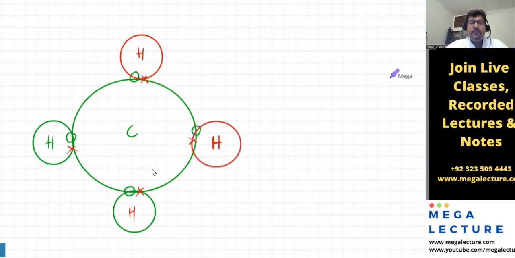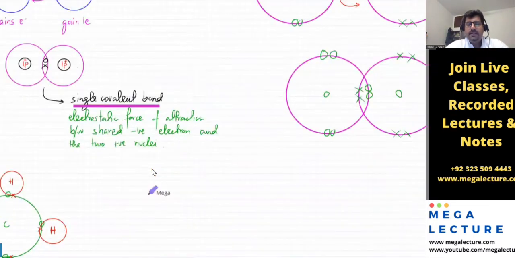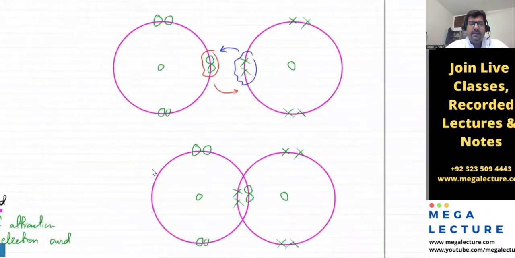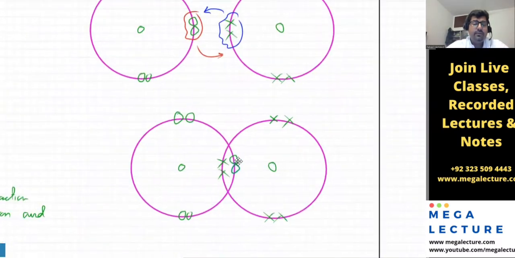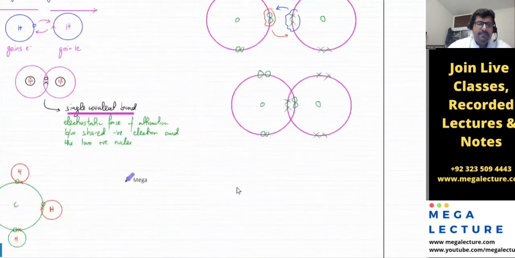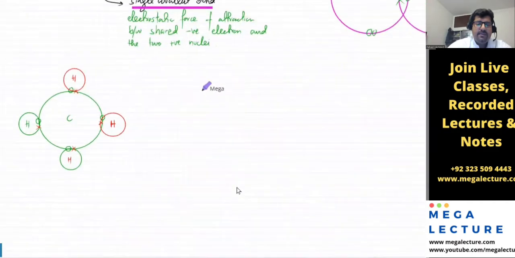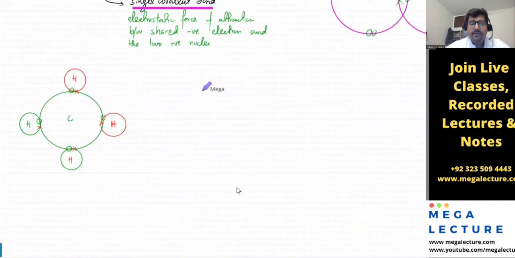So carbon needed 4 electrons. Similarly, oxygen needed how many electrons? It needed 2 electrons to complete its outer shell. So how many electrons did it end up sharing? 2 of them. So the point is that an atom will share the same number of electrons that it needs to complete its outer shell.